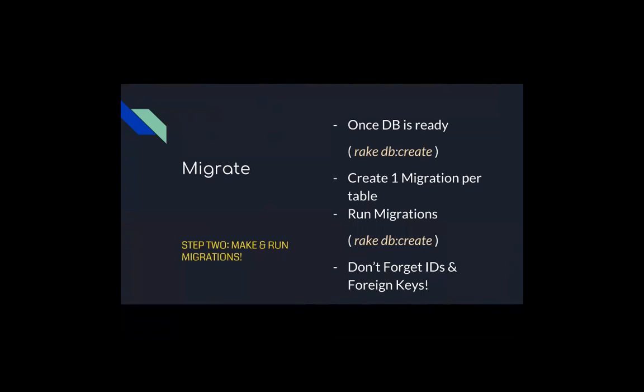Now you're going to tell Rake to do that for you by saying Rake DB create. Rake knows what it needs to do to create a database for you respective to this particular repository you're working on.